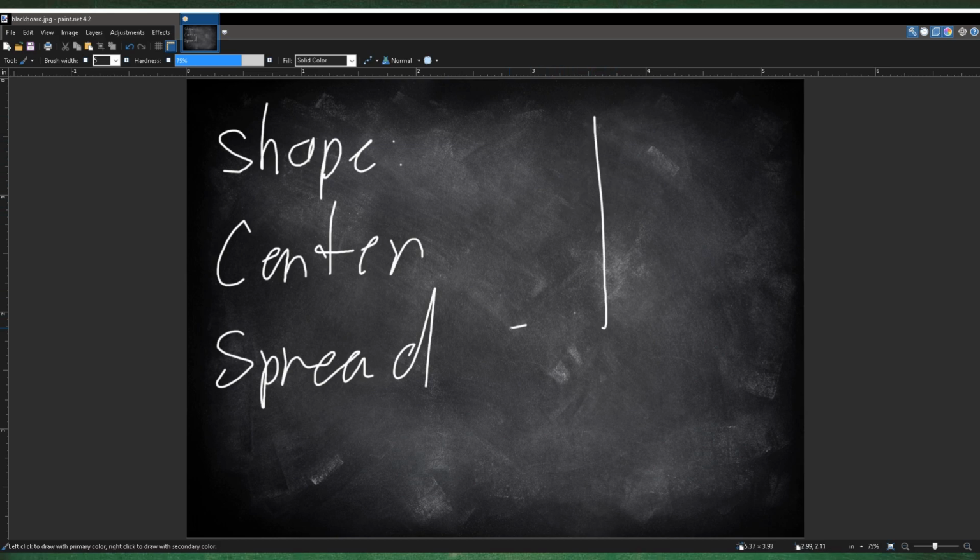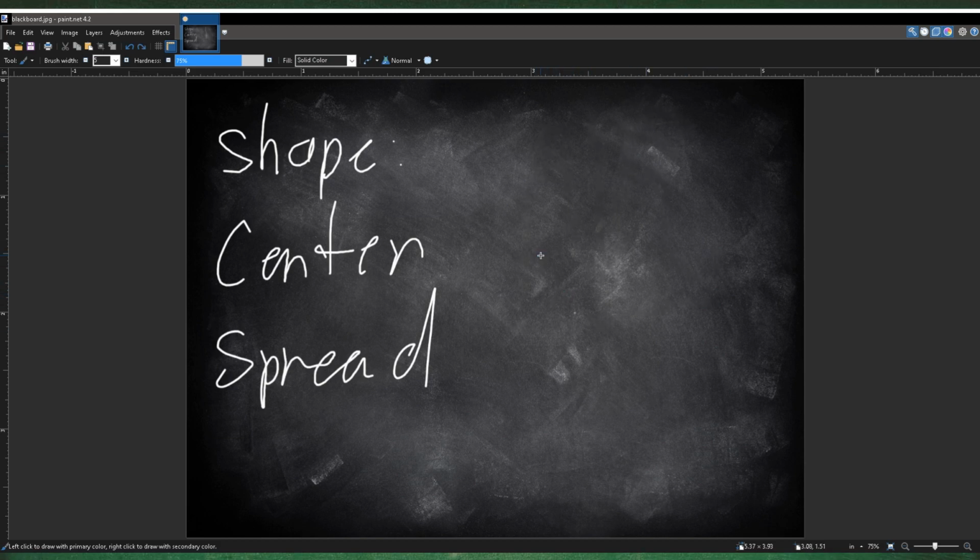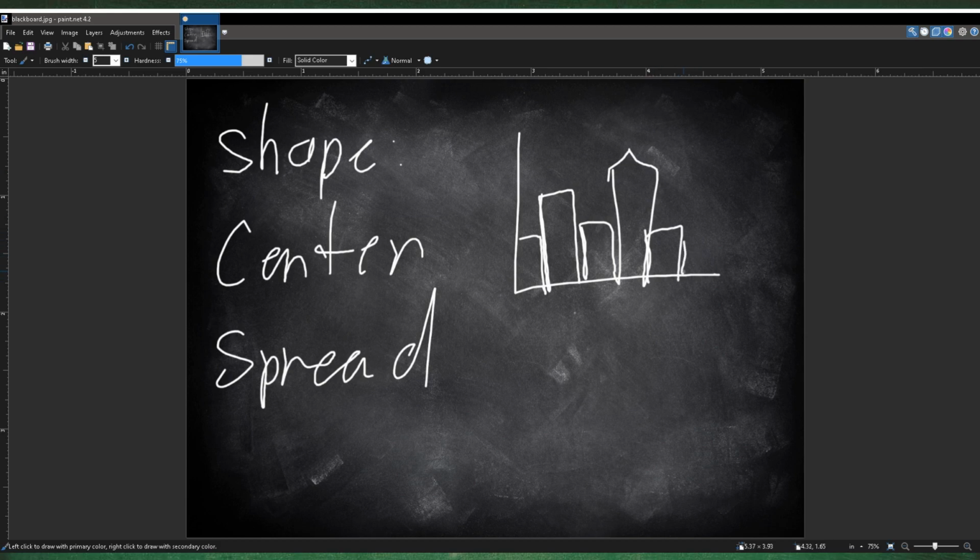A normal model has one peak right here. If we have something like this, we have two peaks. If we draw this in a histogram way, because usually you'll be looking at histograms, you'll have graphs like these, with two peaks.